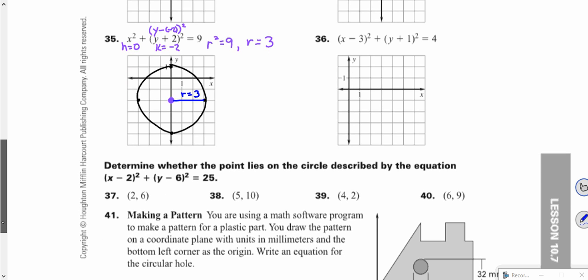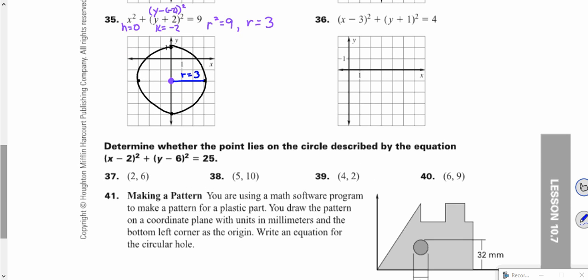Okay, let's look at 39. It says, determine whether the point lies on the circle described by the equation. Now, if something lies on the circle, then the distance from that point to the center should exactly be the radius. Okay, so that's kind of the key to this whole thing.